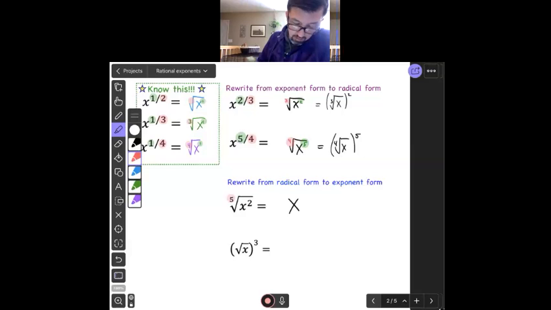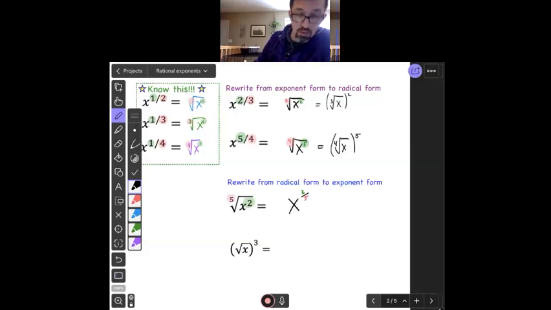So where's that 5 go? The index is always the denominator of the exponent. So that's a 5 on the bottom. Then I look at that power. There's a 2 there. So it'd be a 2/5. That's x to the 2/5.